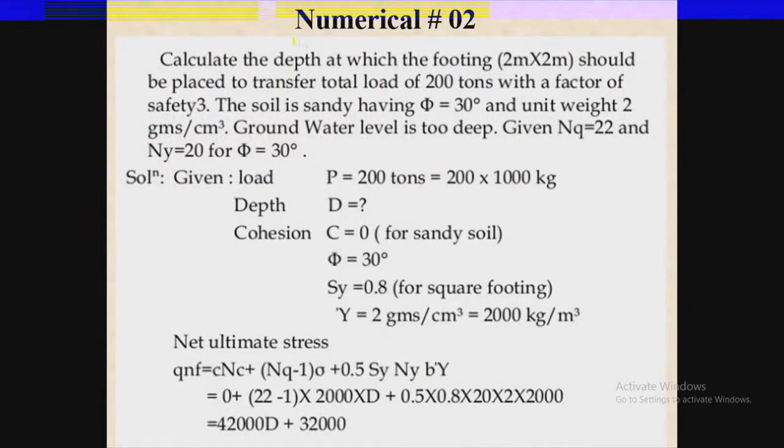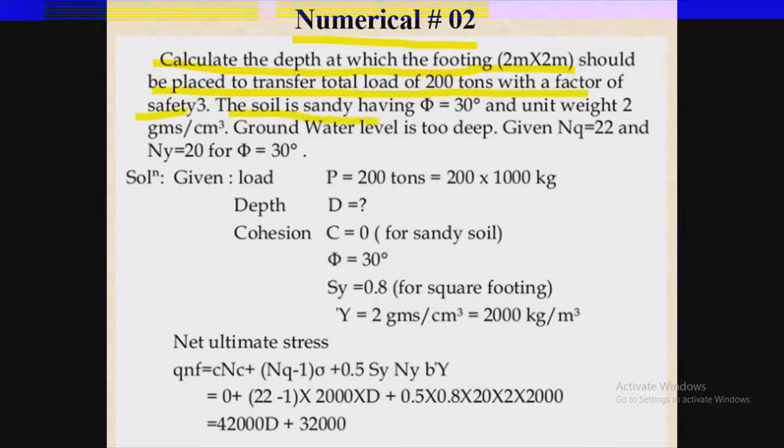Now let us solve the second numerical. The statement is: calculate the depth at which the footing, 2 meter by 2 meter, should be placed to transfer a total load of 200 tons with a factor of safety of 3.